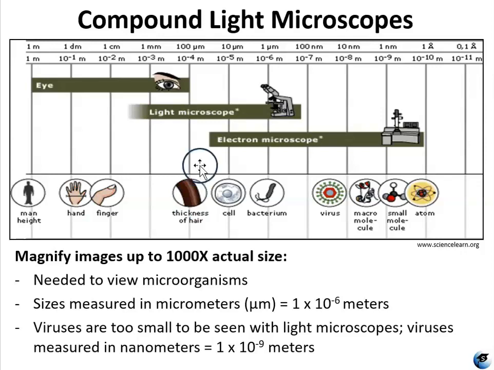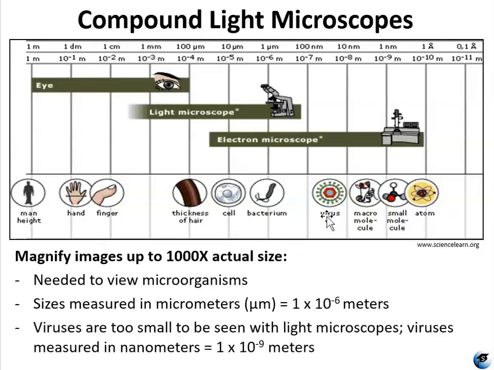A light microscope can see individual human cells, bacterial cells, and some subcellular structures. A virus is actually 3 orders of magnitude smaller than a bacterial cell, and it's measured in nanometers. So for that, you're going to need an electron microscope.